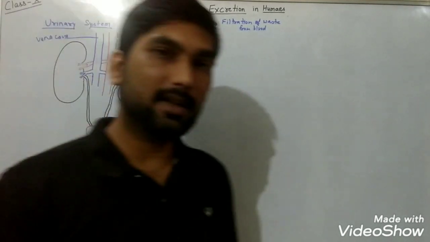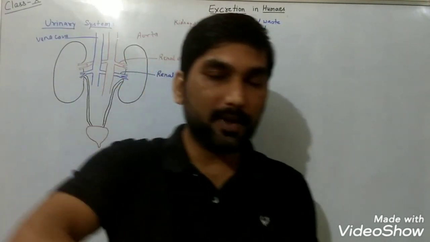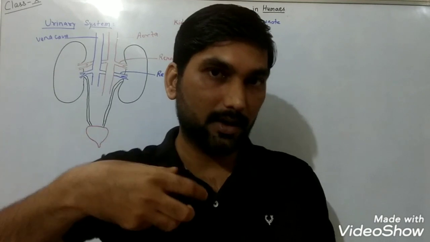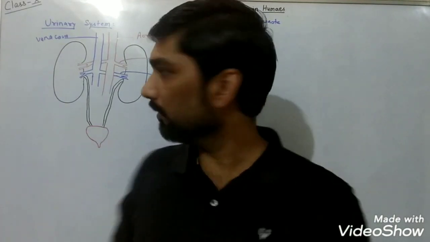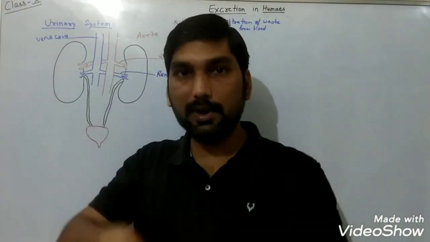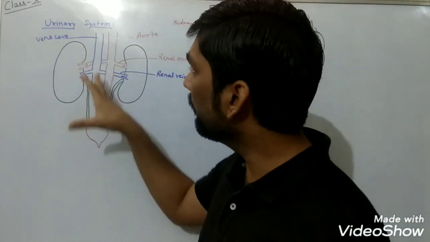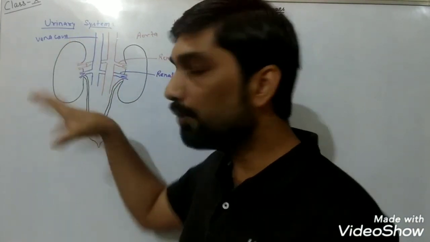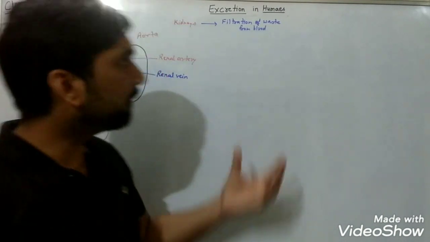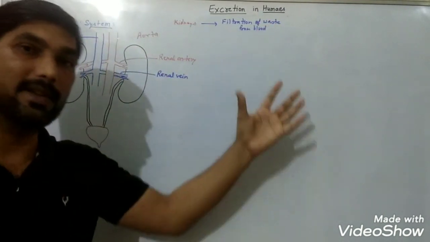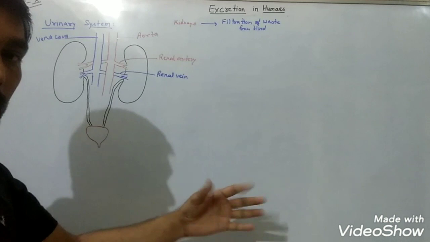As you have read in the circulatory system, the inferior vena cava is going to bring the blood towards the heart. So these kidneys are situated where? Downside the heart. So this inferior vena cava is going to take the purified blood. Purified blood means the blood which does not have the nitrogenous waste, that is urea and uric acid like this.